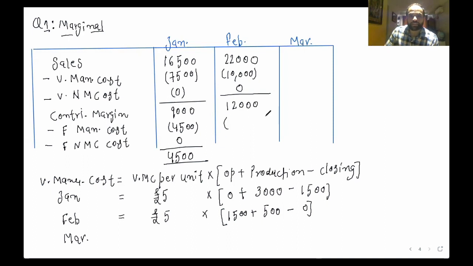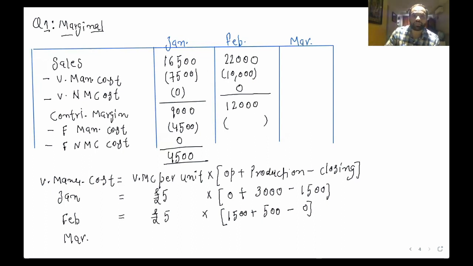Minus fixed manufacturing. How much is fixed manufacturing? 6,000. It must be same. Okay, anyway, you calculate by per unit, it's okay, but you're supposed to calculate by using a total.